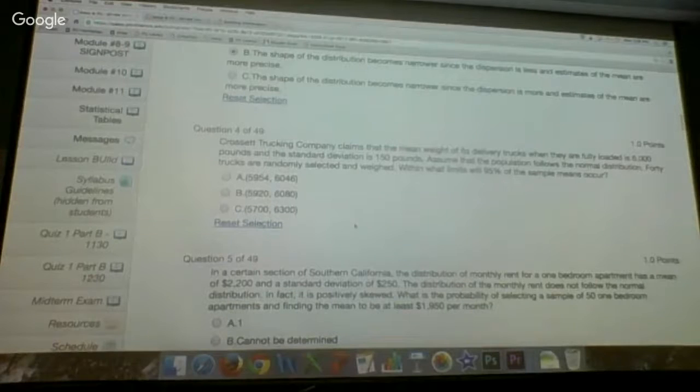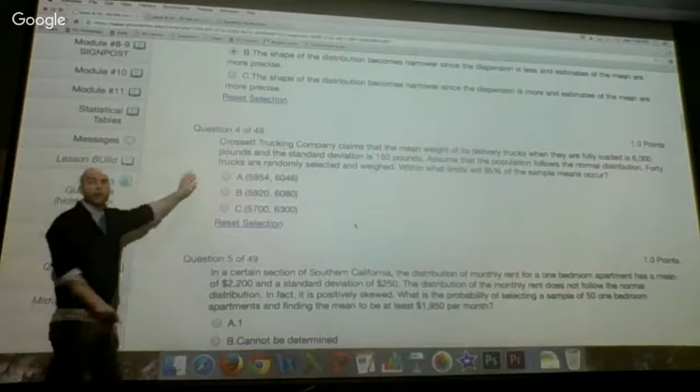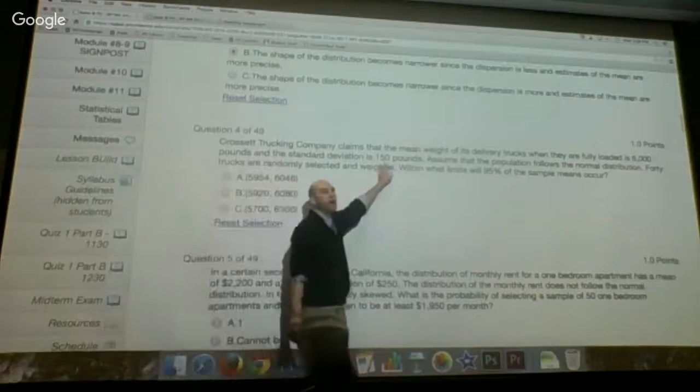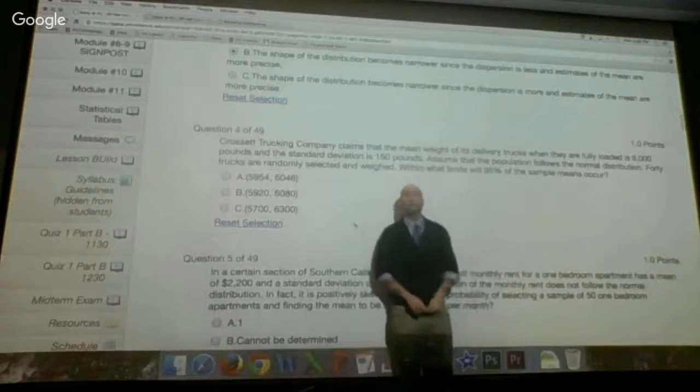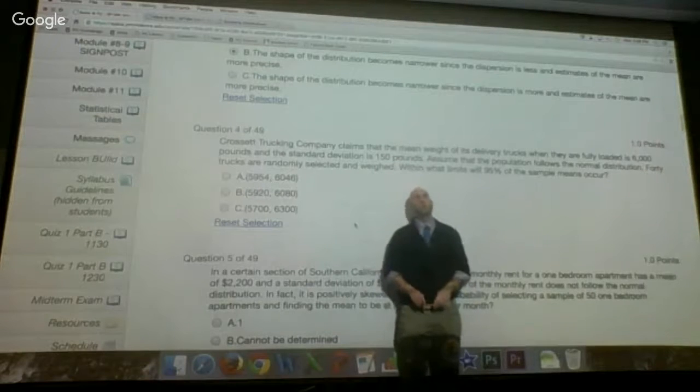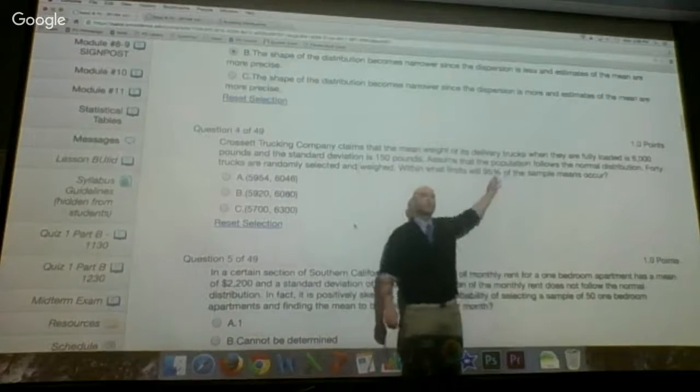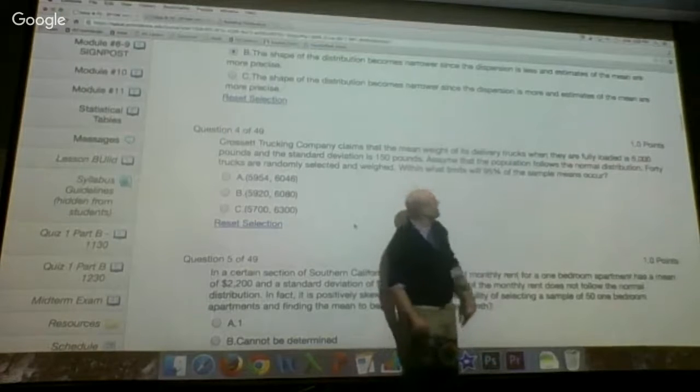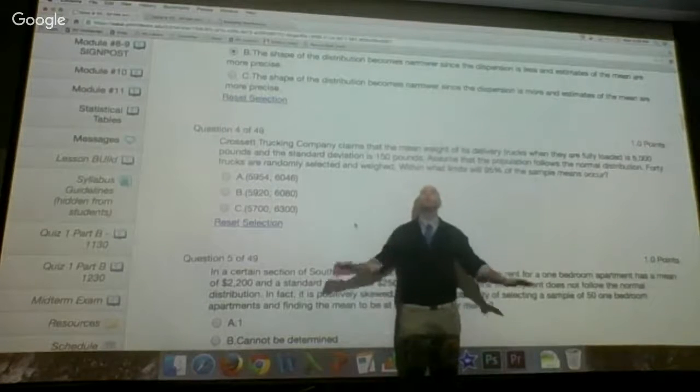We know that in this problem, the population mean of all trucks is 6,000 with a standard deviation of 150. Now this is similar to the way the exam questions were asked for vocabulary here. We didn't say that we went out and sampled 40 trucks and found that the mean of those 40 trucks is 6,000 with a standard deviation of 150. That's not what we said here.